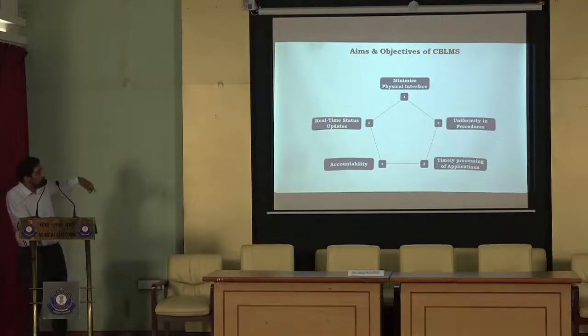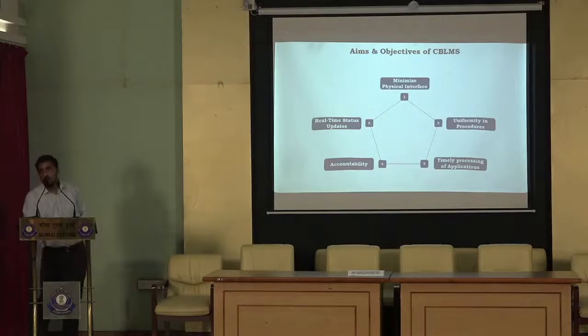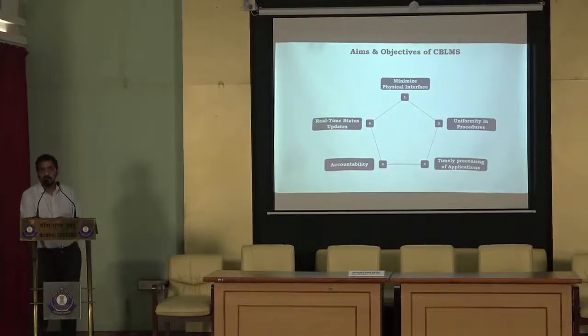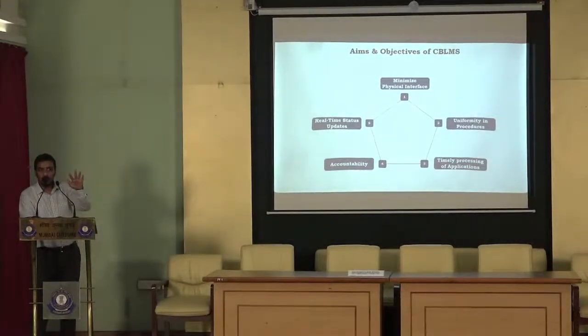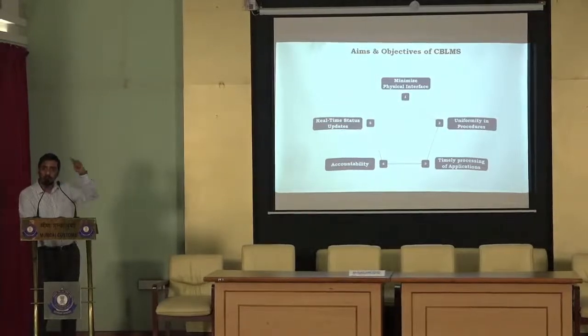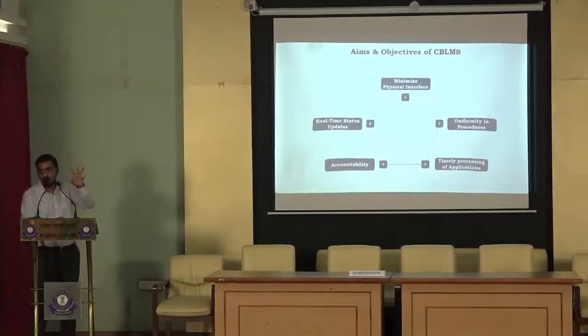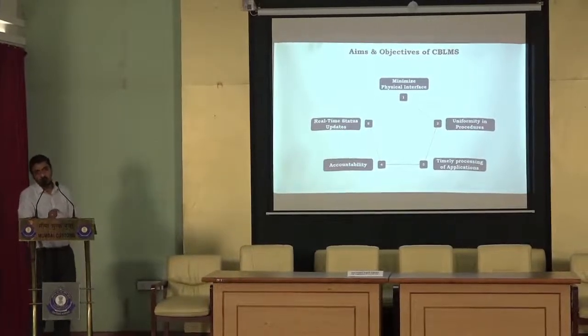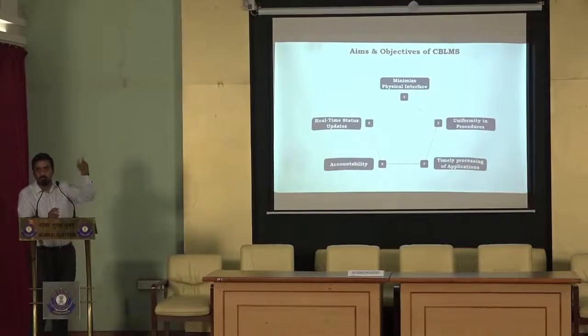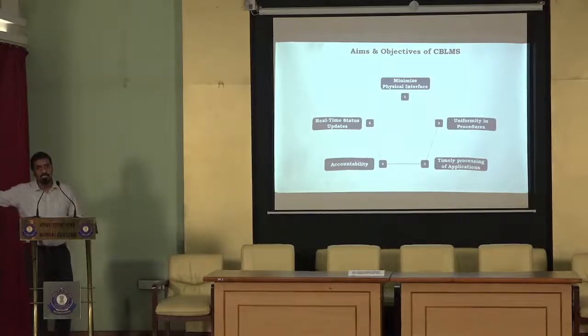The second one is uniformity in procedures. Now, what is uniformity in procedures? I believe everyone present here is registered under Mumbai Customs, or has primary offices elsewhere and offices in Mumbai also. Whatever the case may be, for example, there is some procedure followed in the Mumbai Customs Custom Broker section, and some other procedure followed in, say, Chennai Customs House.